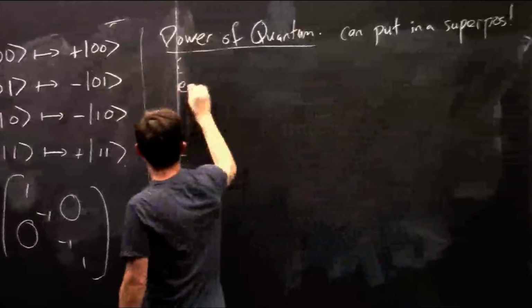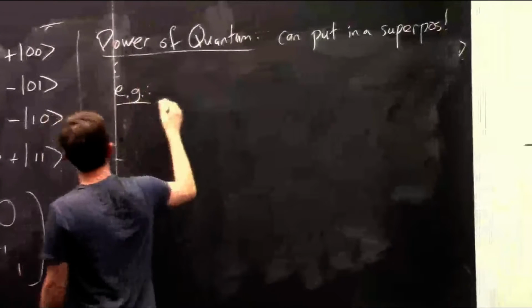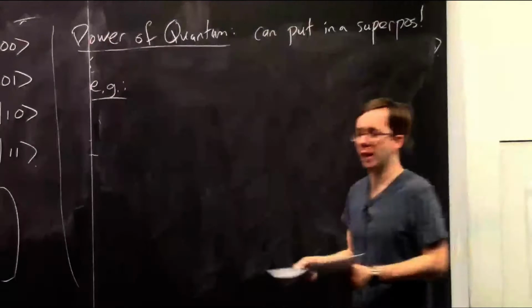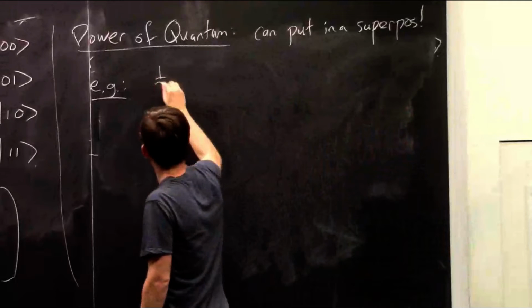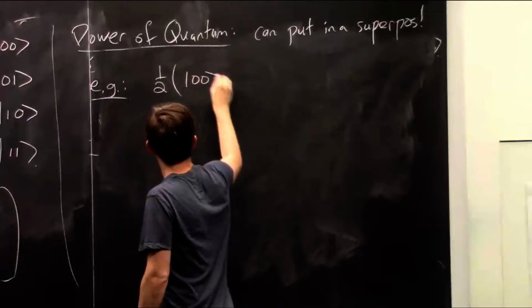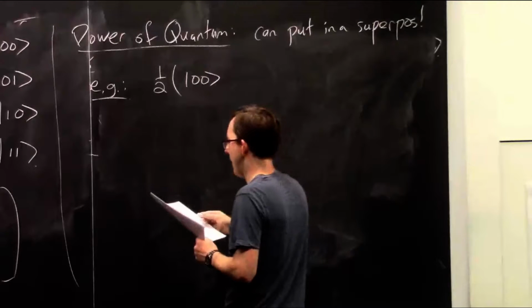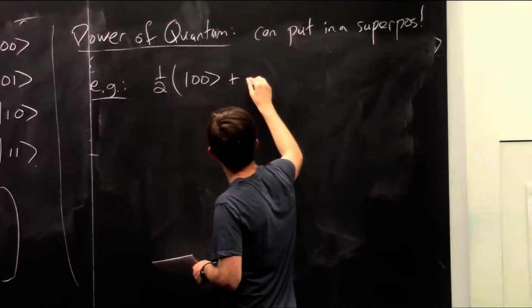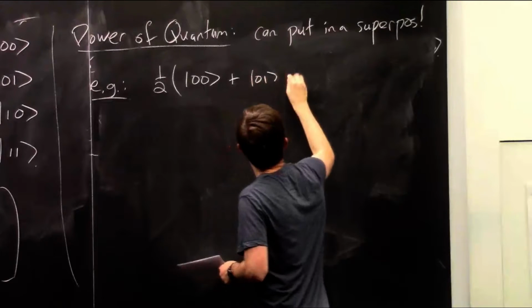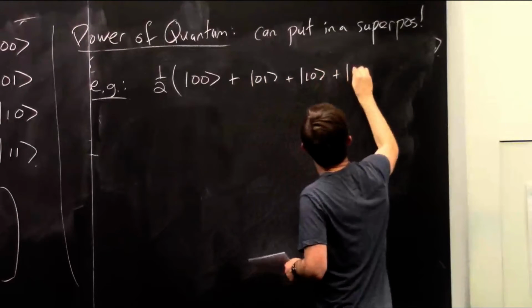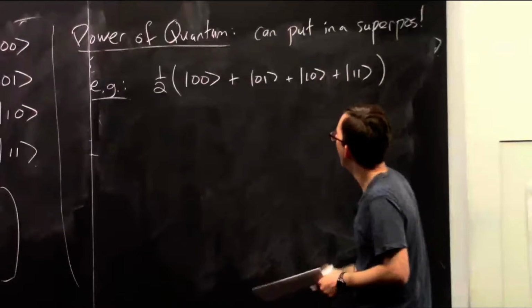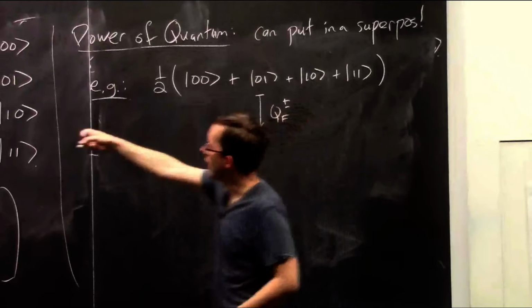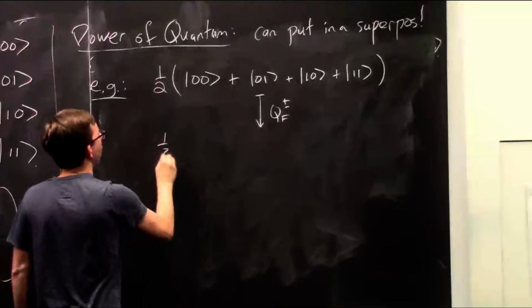For example, a very interesting superposition to always put in is the equal amplitude superposition of all possible classical inputs, which in this case there's only 4 of them because it's a 2-qubit gadget. Right, so if we plug this in, then what does it go to? Well, we can just tell by linearity we go to this.